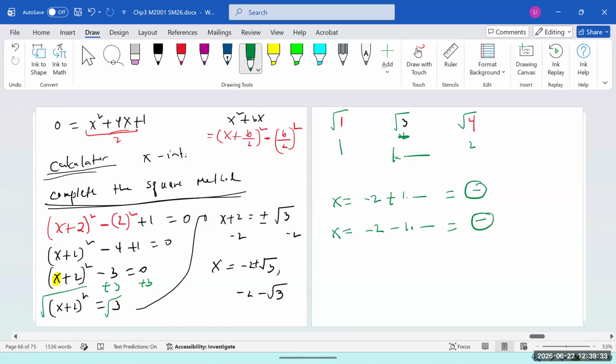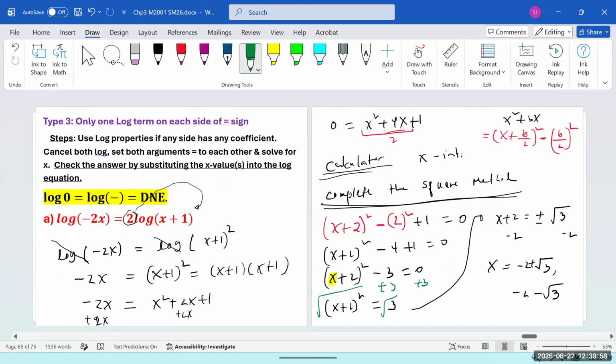So this is definitely smaller than 1, 0 point something, right? Minus 2 plus 1 is definitely smaller than 1, let's say 0.1. And this is definitely negative 3 point something, because we have negative 2, negative 1, definitely negative 3, and then more.